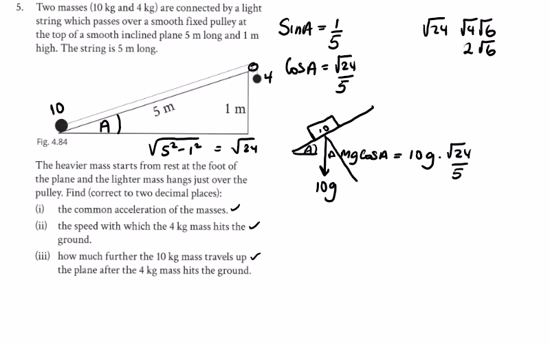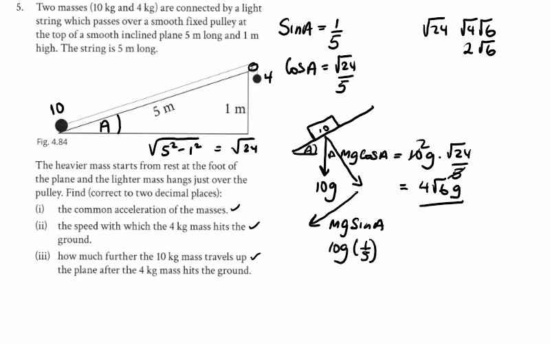May as well do it in its simplest form. So that's equal to 2g by 2 root 6, so it's going to give a 2g and a 2 root 6 of 4 root 6g, and that's in that direction. And then parallel to the plane, we have mg sine A, which is 10g by 1 over 5, which is equal to 2g.